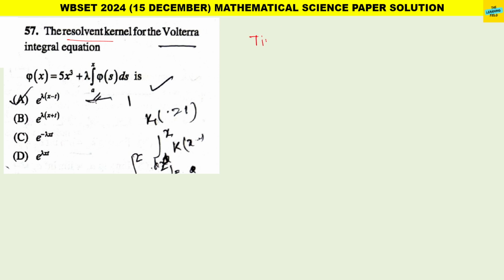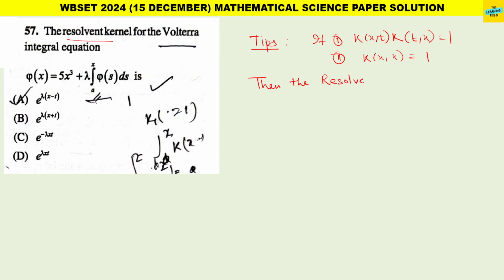So what is the tip? The tip is number 1, if k of x,t into k of t,x is equal to 1, and number 2, if k of x,x is equal to 1, in case of Volterra integral equation, then the resolvent kernel R of x,t,lambda is equal to k of x,t into e to the power lambda into x minus t, fine.